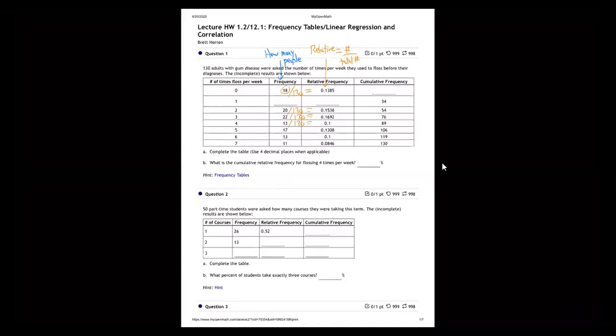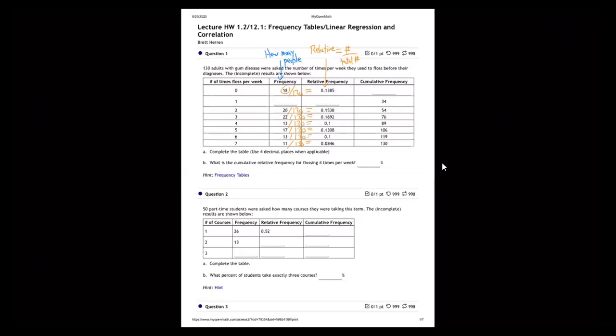Whenever they say relative, it means with relation to. So you're comparing to the 130 out of the total. So they're dividing by 130. So they're finding the percentage, in other words. But it's not quite the percentage, it's the decimal version, but it's the same thing.